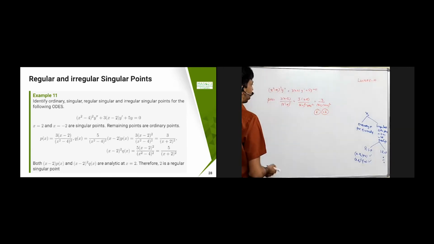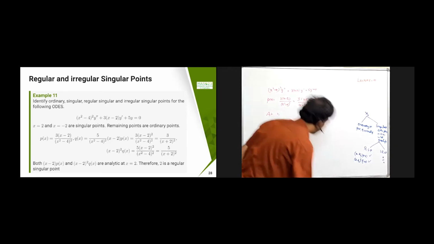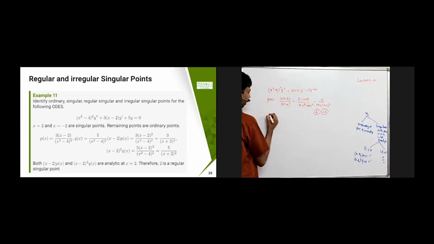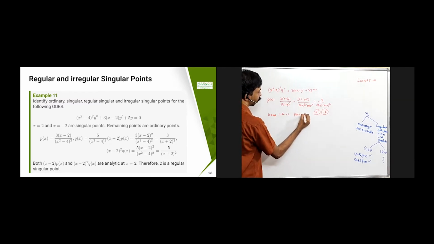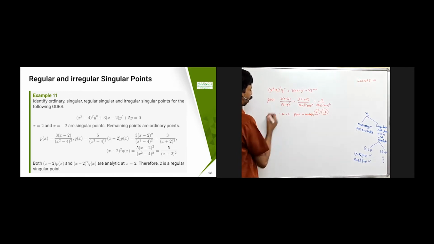So except at 2 and minus 2, P of x is analytic. Now let us consider Q of x.